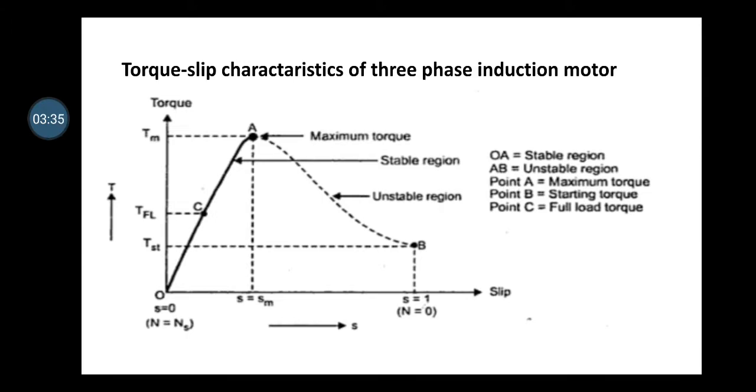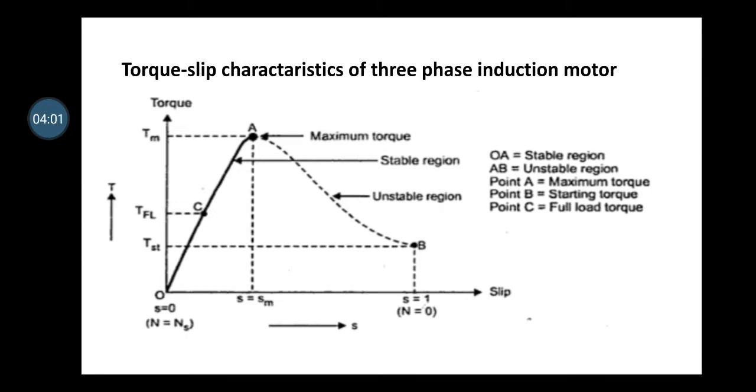Now, at the speed N equal to Ns, when the rotor of the induction motor is rotating at the synchronous speed, S is equal to 0. In the region from O to A, torque and slip increase linearly with each other.